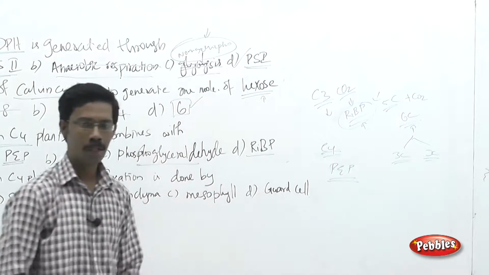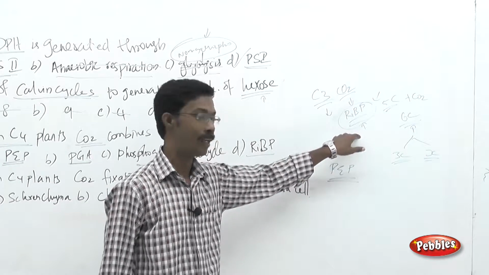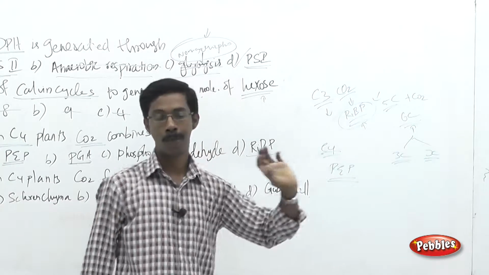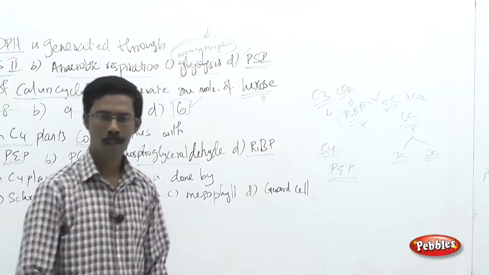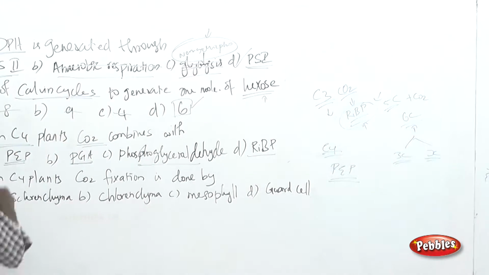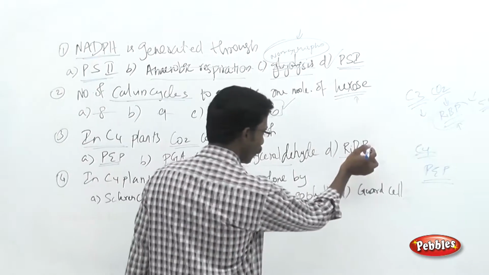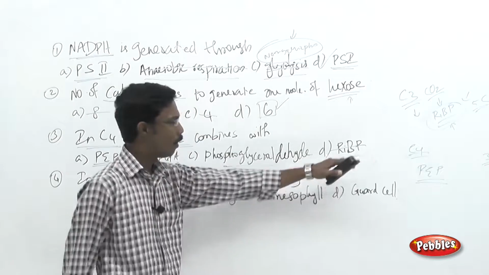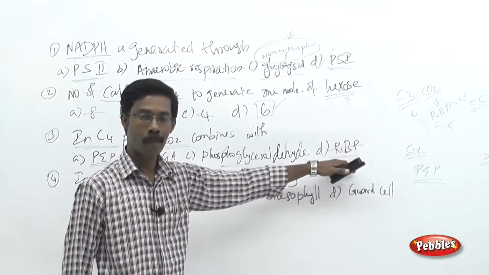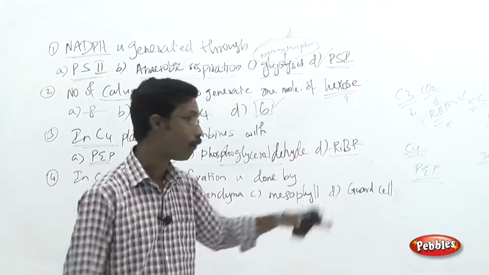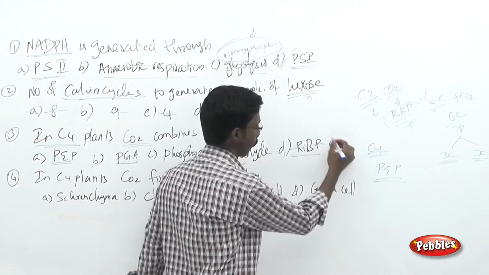Okay, there will be no involvement of ribulose bisphosphate as the first, primary acceptor for the carbon dioxide molecule. So see the question here: C4 plants, carbon dioxide combines with. You can easily eliminate ribulose bisphosphate. As I told you, ribulose bisphosphate is the primary acceptor of carbon dioxide in case of C3 plants.